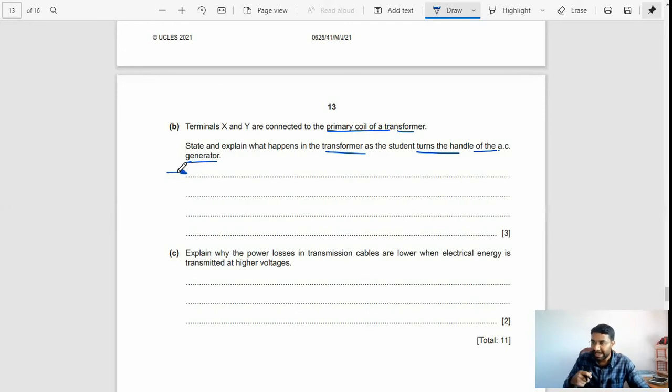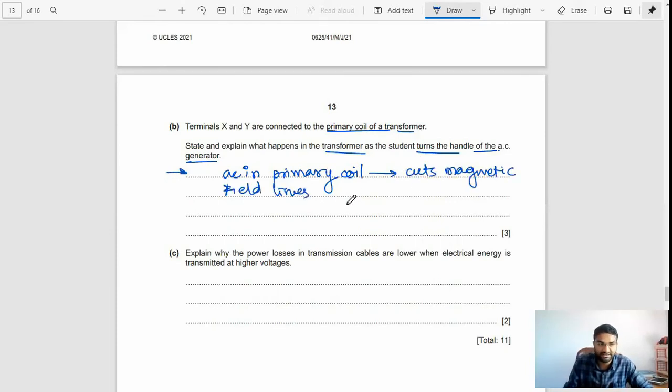As the student rotates the handle again and again, the alternating current in the primary coil produces a changing magnetic field whose field lines cut the secondary coil, and due to that, an EMF is induced in the secondary coil.